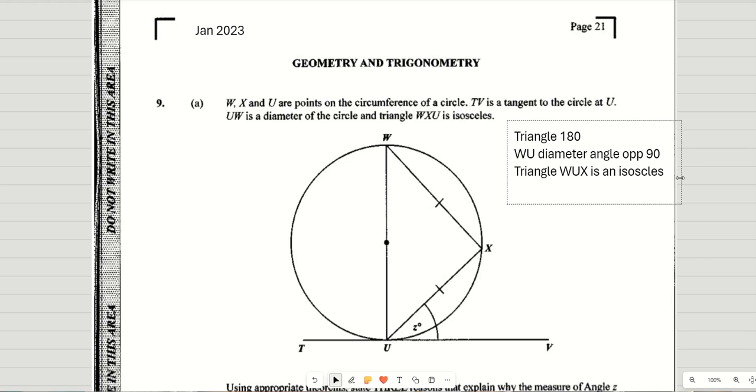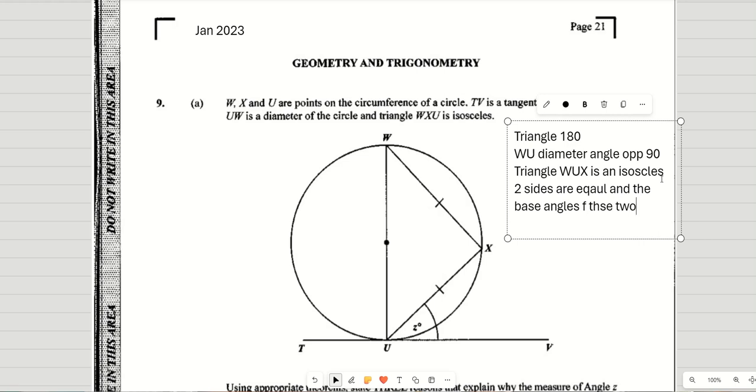We also know that if it's an isosceles, two sides are equal and the base angles of those two sides are also equal. What I mean by that is angle XWU is equal to angle XUW.